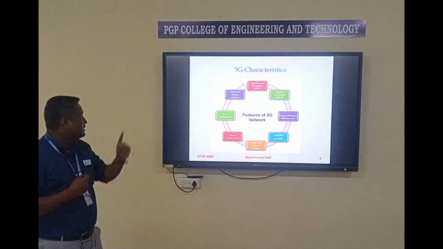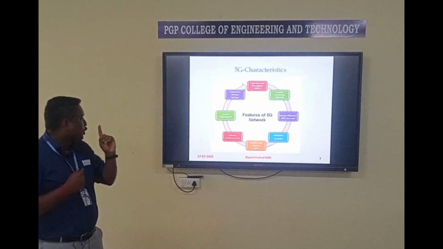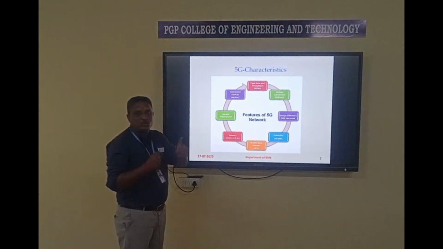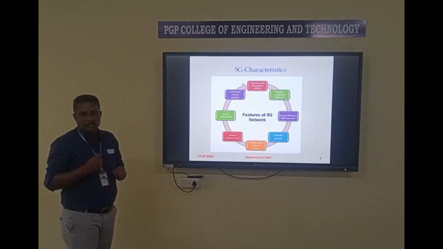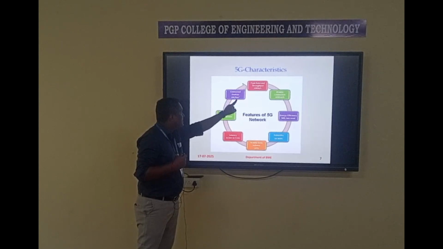That is the meaning. That is a 5G advantage. At the same time, in 4G technology, it is 2000 connected devices per 1 square kilometer. That is the difference. Here it is 1 million connected devices per square kilometer.